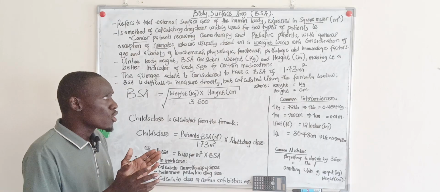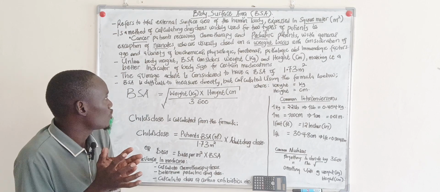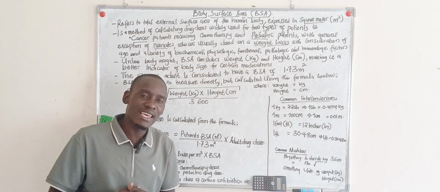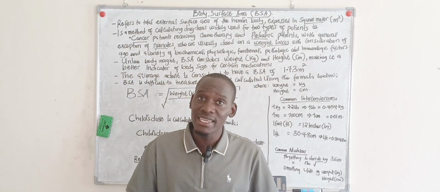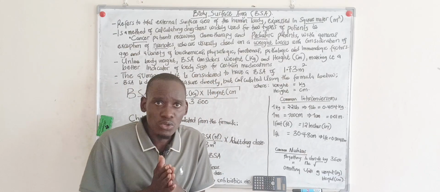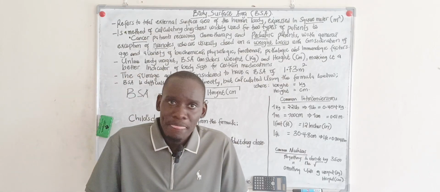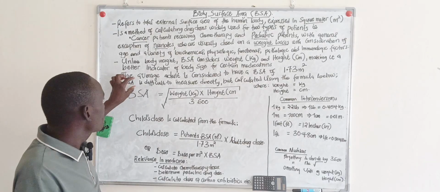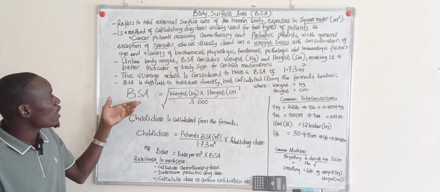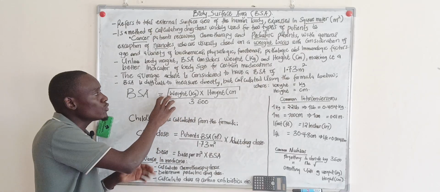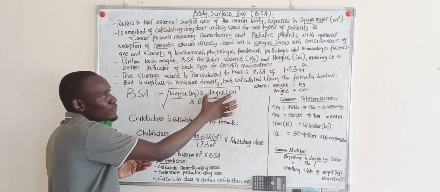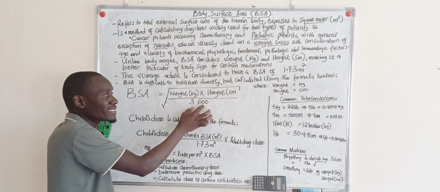An average adult is regarded to have a body surface area of 1.73 meters squared. It is very difficult to measure body surface area directly, so we determine it using the formula below: body surface area is equal to the square root of the product of weight times height divided by 3,600.